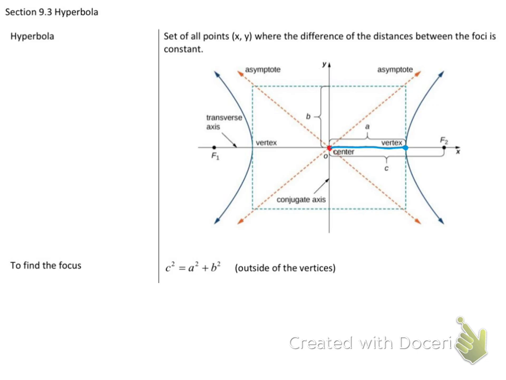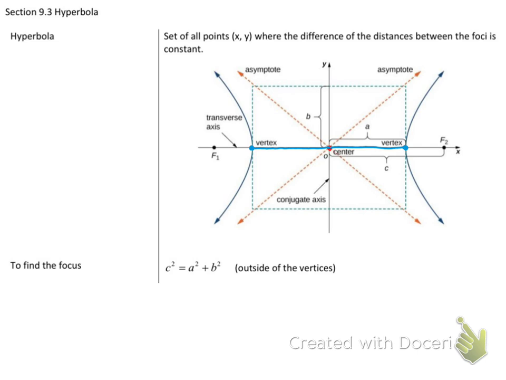One vertex is at that location, and the other vertex is at this location as well. Do keep in mind, just like with the ellipse, it could be stretched more vertically or horizontally. This one can actually open vertically or horizontally. In this case, it's opening horizontally, which means that the a distance is from the center right and left to get to each of the vertices.